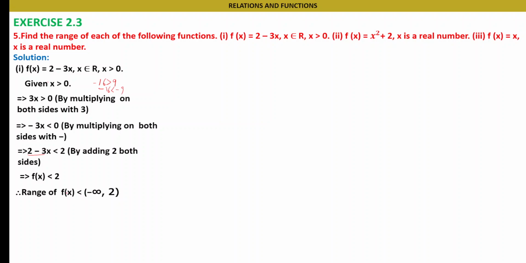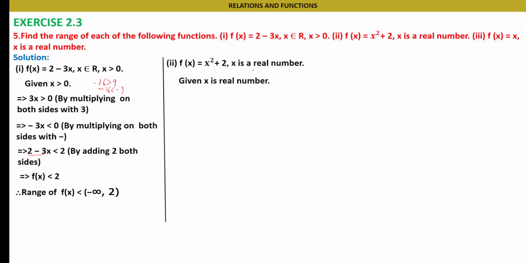Let us see subsection 2. Subsection 2, f of x is equal to x square plus 2, x is a real number. Given x is a real number, therefore, x square is greater than or equal to 0 by squaring on both sides. So, any real number when we square it will be greater than or equal to 0. Then, x square plus 2 is greater than or equal to 0 plus 2 by adding 2 on both sides.